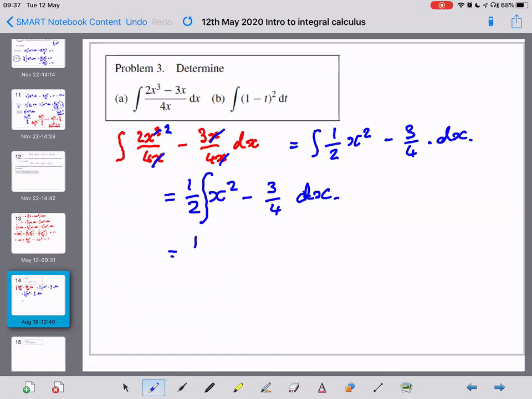So that equals 1/2 times x to the 3 over 3. So we've added 1 to the index and divided by the new index. And then we get 3/4, integrate a constant, variable comes back, plus c.